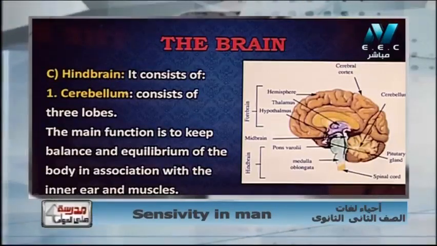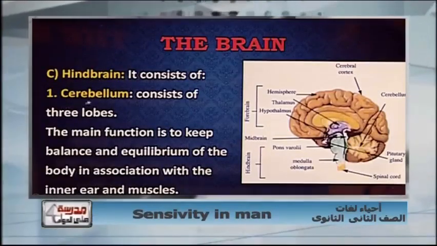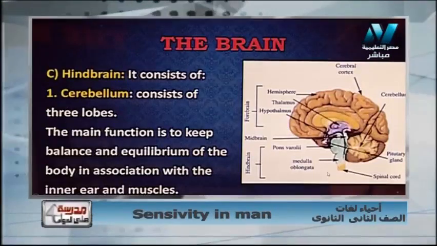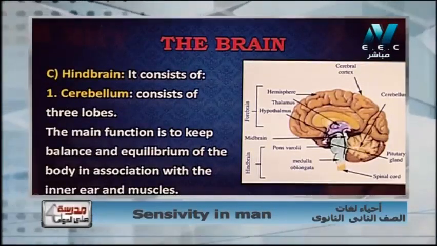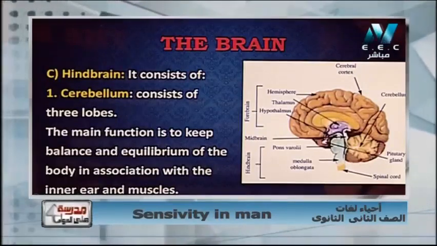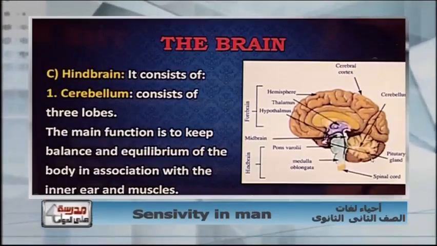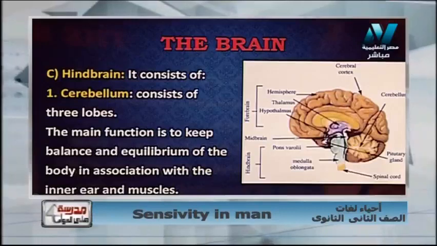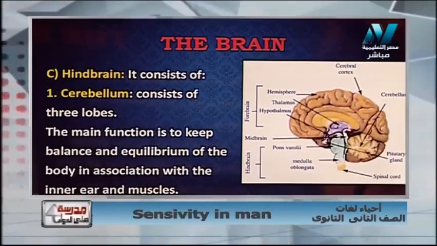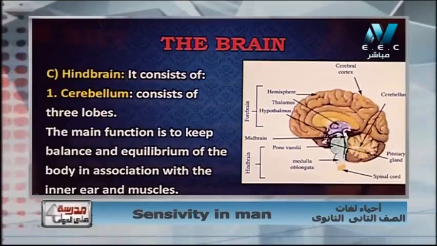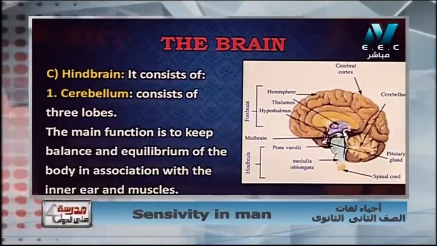The hindbrain consists of the cerebellum. The cerebellum is at the back side of the head. It is composed of 3 loops connected by an isthmus, and these 3 loops contain furrows and parallel grooves.